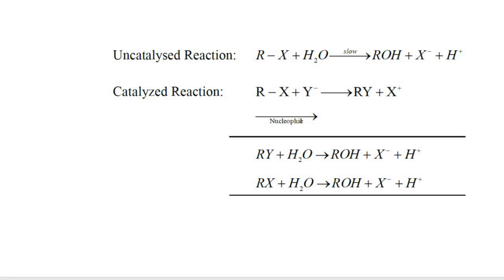You can see here RX plus water undergoes solvolysis, it gives ROH, alcohol, and X minus plus H plus. And in the catalyzed reaction, RX plus Y minus gives RY and X minus, the nucleophile. So RY plus H2O gives ROH, X minus, H plus.